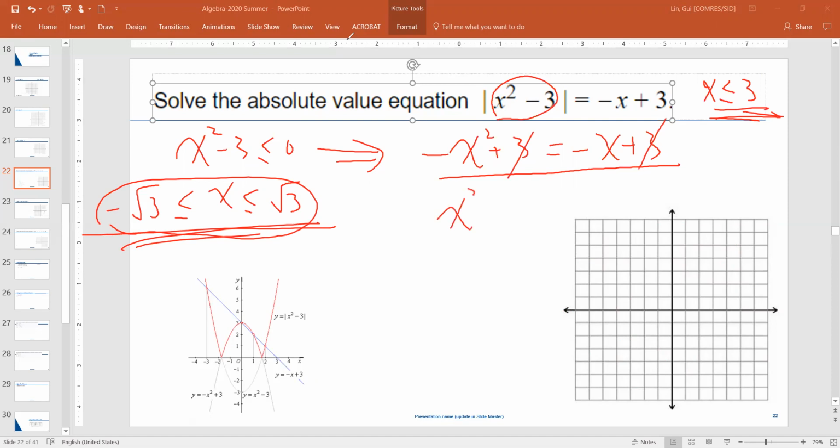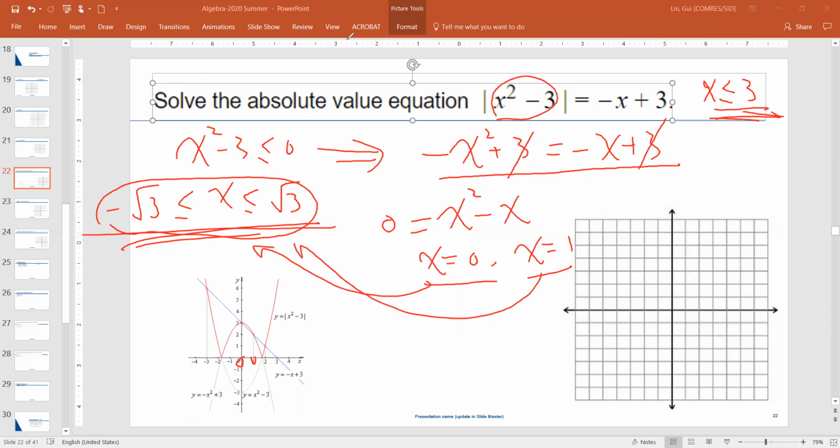So x squared, move to the right, equal 0. So x equals 0 and x equals 1, right? And right now inside this situation, it also met this situation. So 0 and 1. In these cases, makes sense, right?